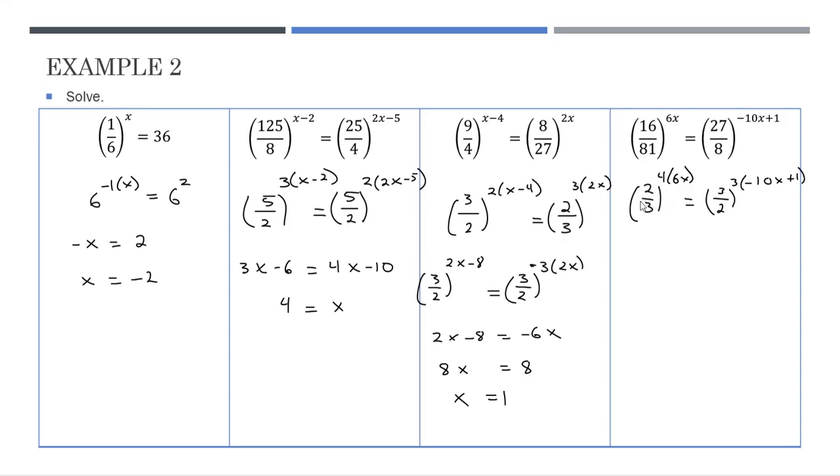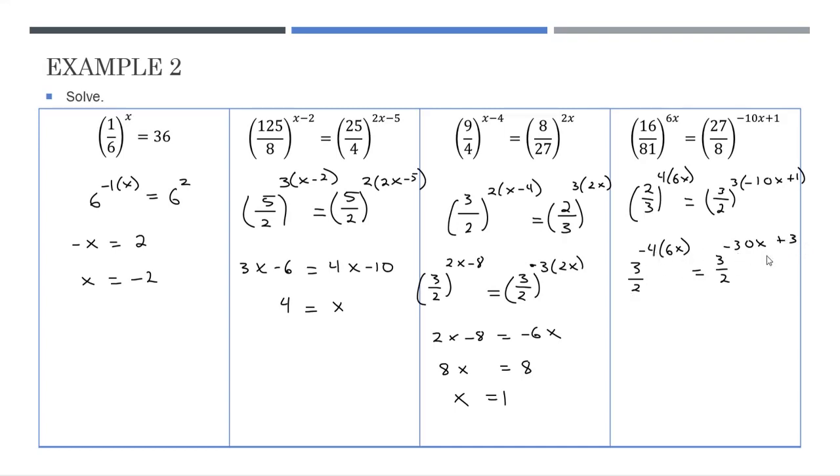Again, we've got that problem where the bases are close, but one is a reciprocal of the other. This time I'll reciprocate the left side, so it's going to become 3 over 2 to the power of negative 4 times 6x. I'll clean up the right side a little bit, so we get negative 30x plus 3.